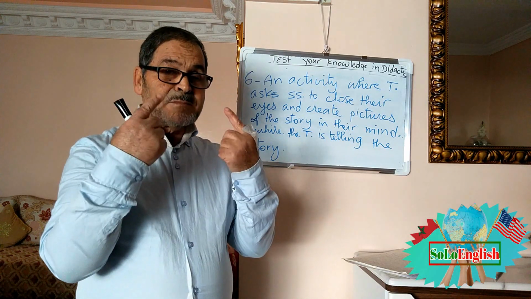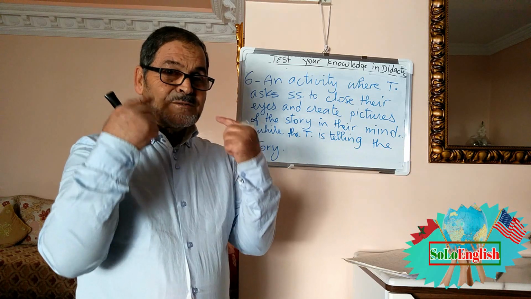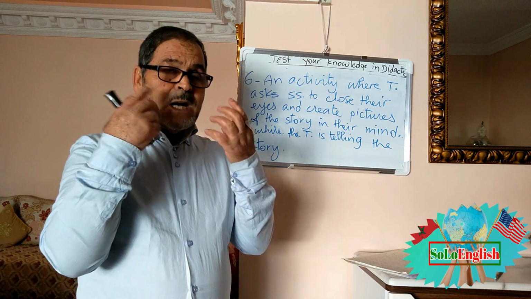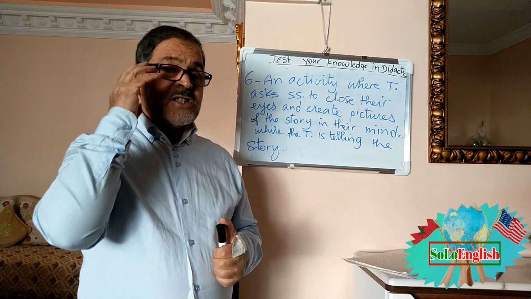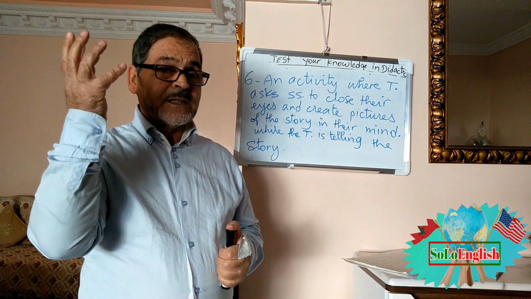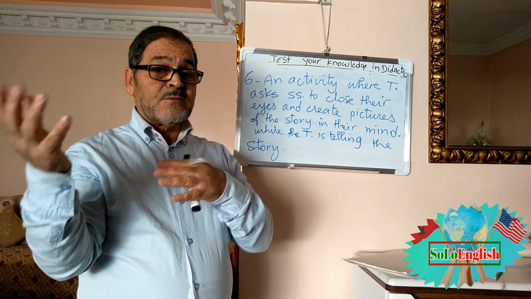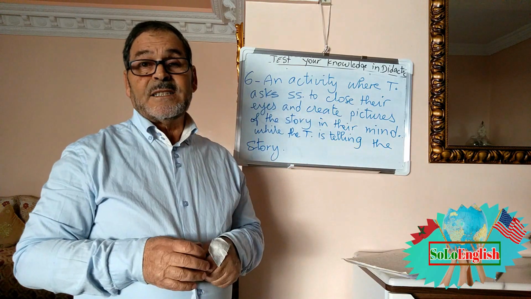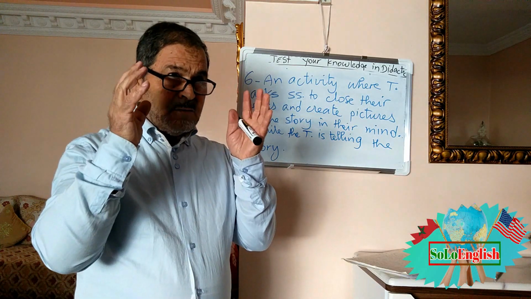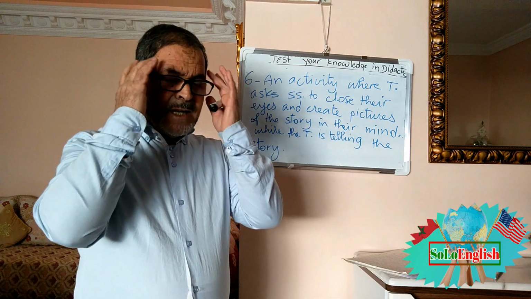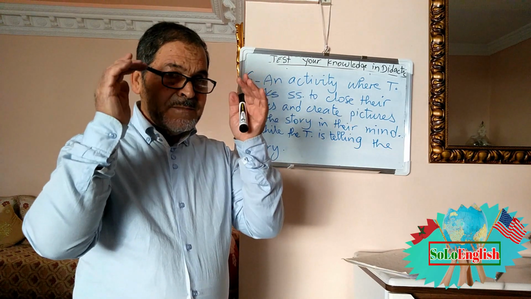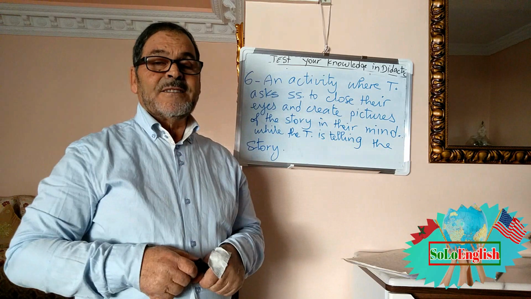So they close their eyes because it helps them to concentrate more. But while reading or listening, each individual imagines the story, imagines the place, imagines people, imagines the events where they take place. If I read a story and I close my mind, I try to imagine the story.